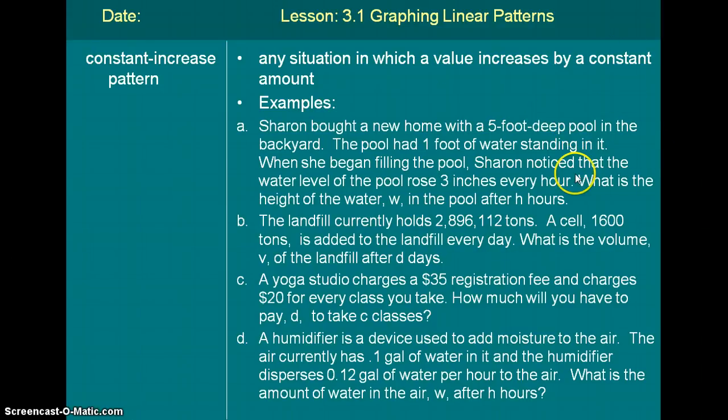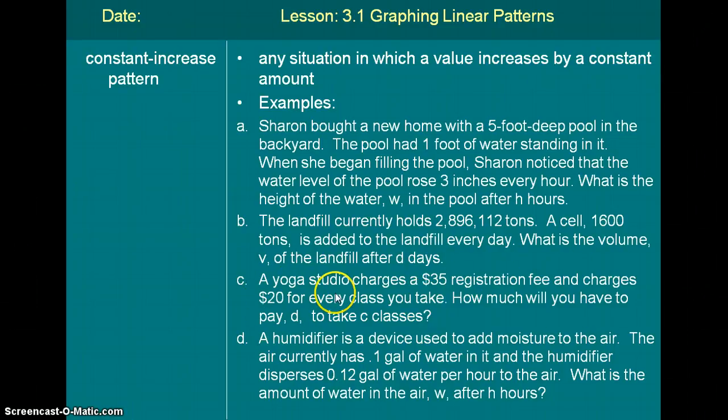This is a constant increase because it's going to happen every hour. In our landfill example, this is a constant increase because 1,600 tons is being added to the landfill every day, constantly. In our yoga studio, there's a $35 registration fee, and then it charges $20 for every class.